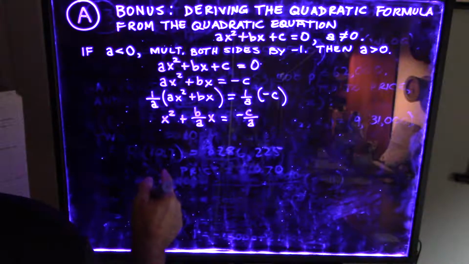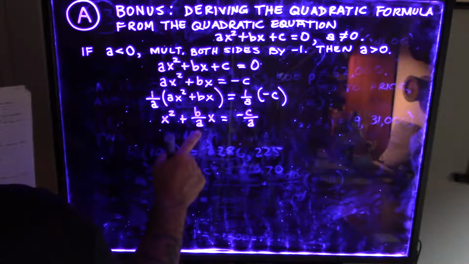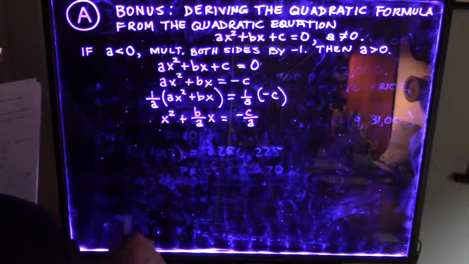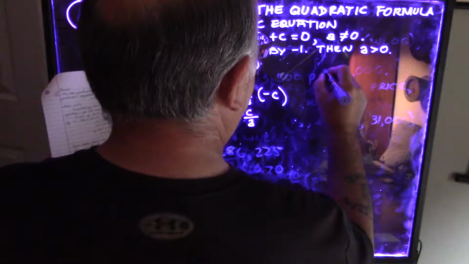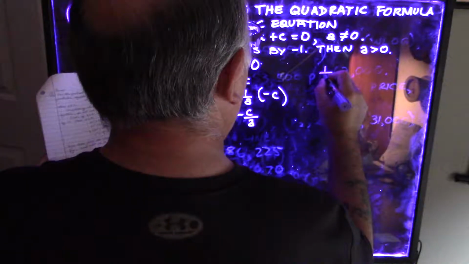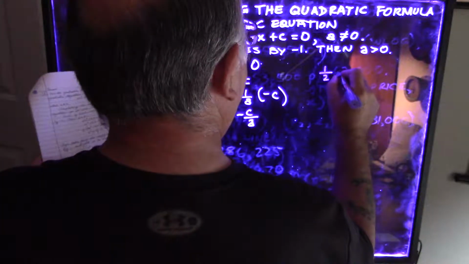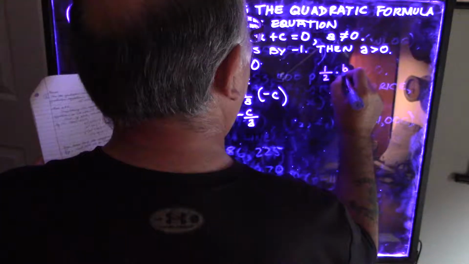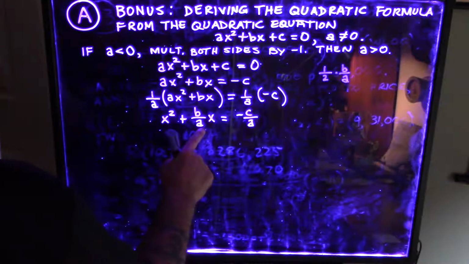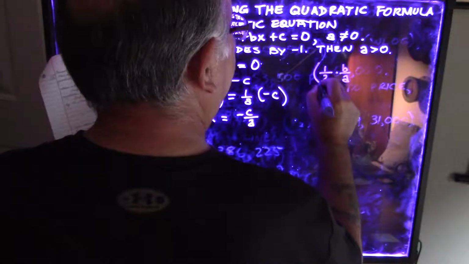Now you're going to complete the square on this, so let's take 1/2 of b over a, half the coefficient of x, remember that? Half the coefficient of x, and square that.